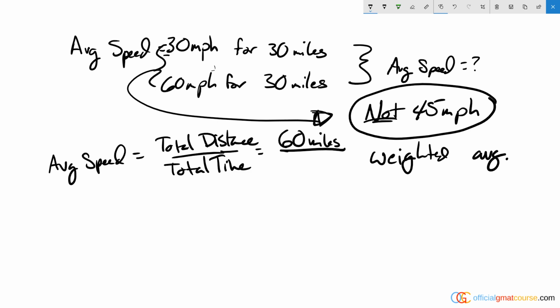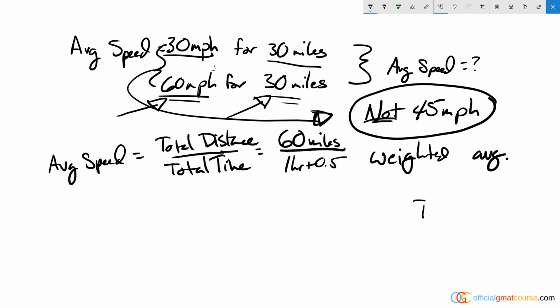Well, if you're going 30 miles per hour for 30 miles, that's going to take 1 hour. And if you're going 60 miles per hour for 30 miles, you're only going to need half an hour to drive the 30 miles, which is 0.5. Because I can drive 60 miles in an hour and I'm driving half that far, which means it's going to take me half as long to do it.